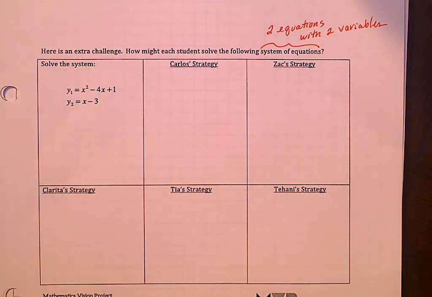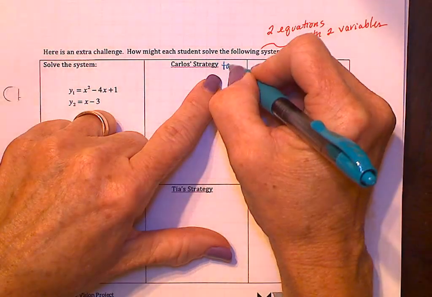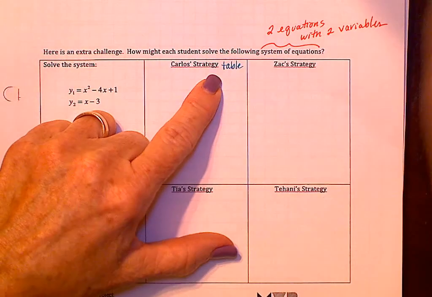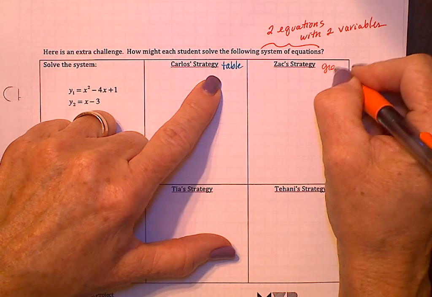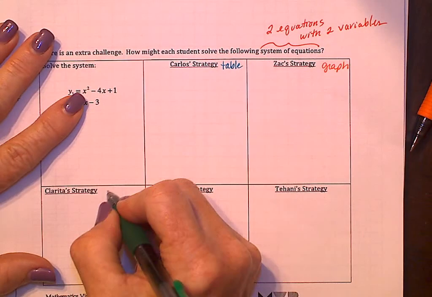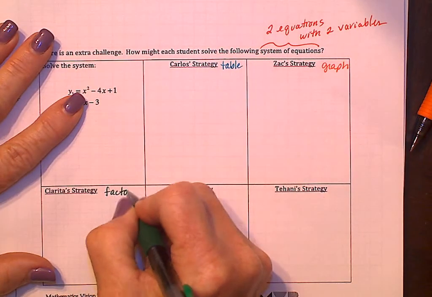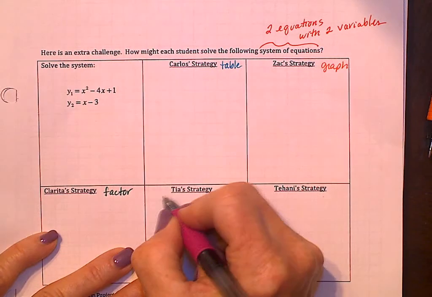All right, recall, Carlos likes to use a table. Zach likes to graph. Clarita likes to factor. Tia likes to complete the square.